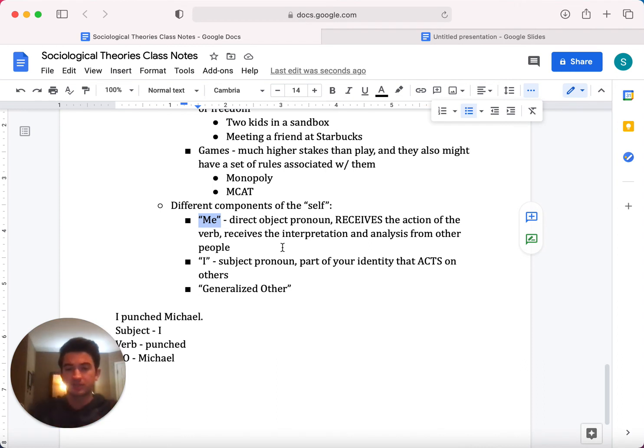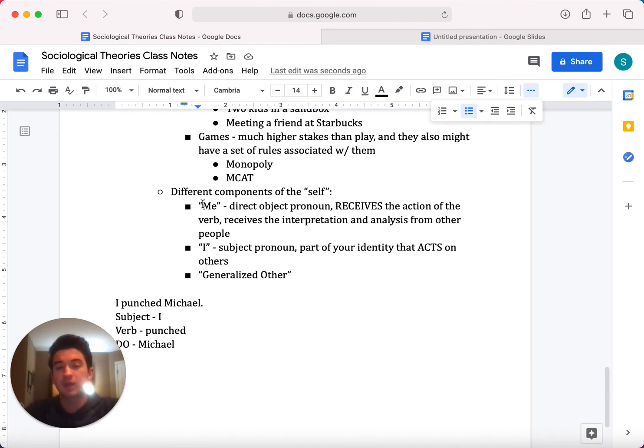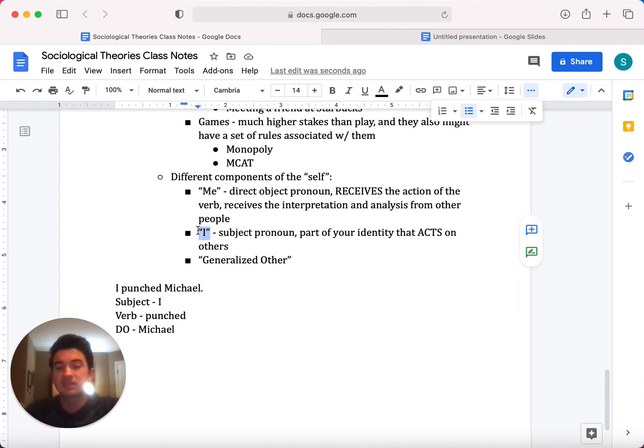So I'm going to show you guys a chart in a second that will hopefully clear that up. But like I said, the easiest way to differentiate the me and the I is to think about this simple sentence, okay? I is the subject. I is who I think I am. And the idea of who I think I am is projected toward other people. Me is what other people think about me that I internalize about my own identity.